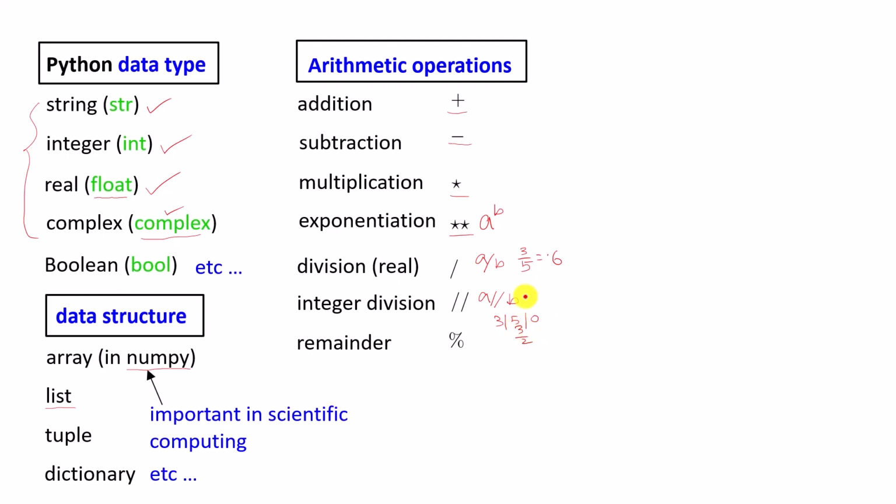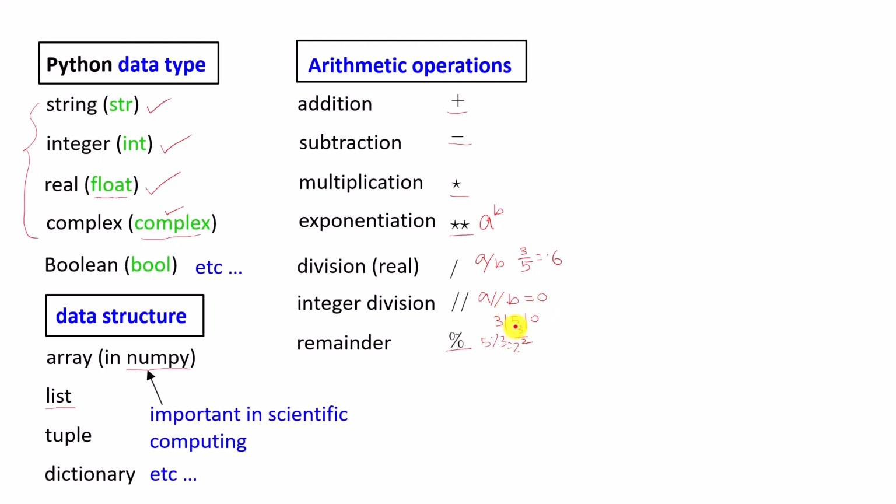So my integer division will give me 0. If I divide 5 by 3, the remainder would be 2, but integer division will give me 1.